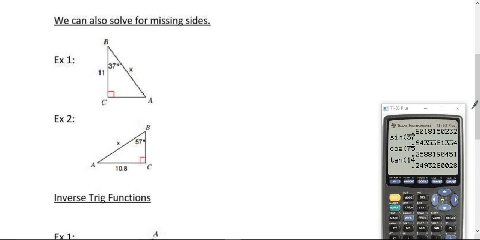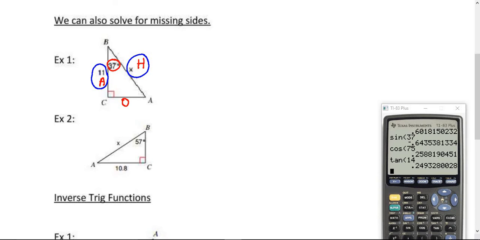So most of the time you will get a problem where you are solving for a missing side. So first thing you need to do is decide which trig function you have to use. 37 is going to be the degree that we use because it's the one that it gave us. So let's label all of our sides. So opposite, the adjacent, and always our hypotenuse. So then what I like to do is notice that I know things about the adjacent side and I am trying to find the hypotenuse.